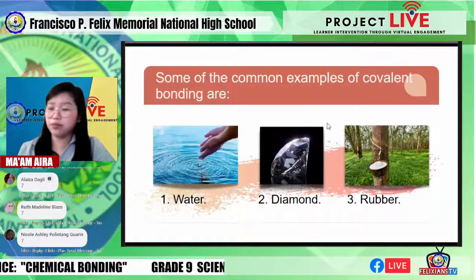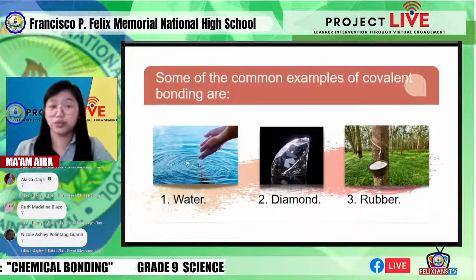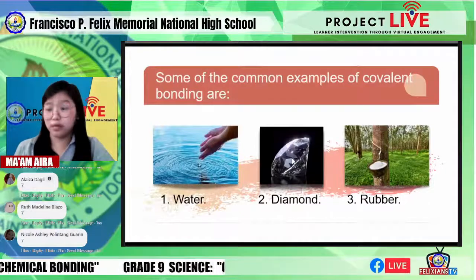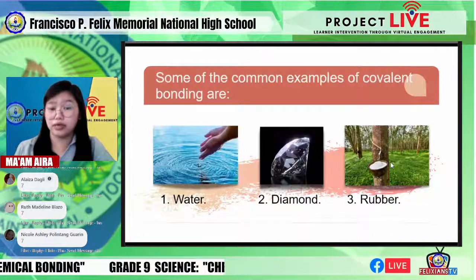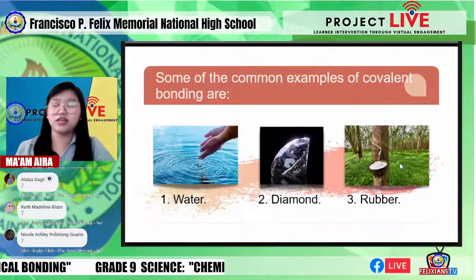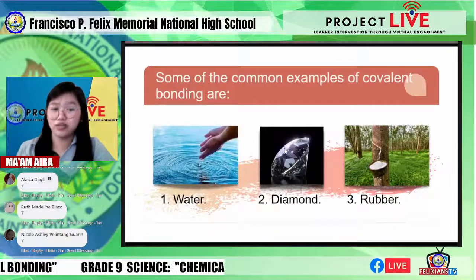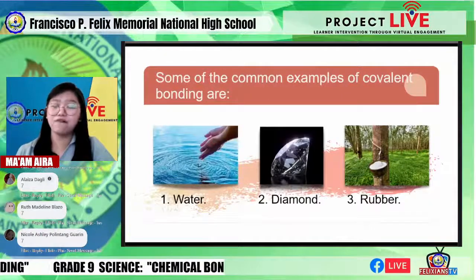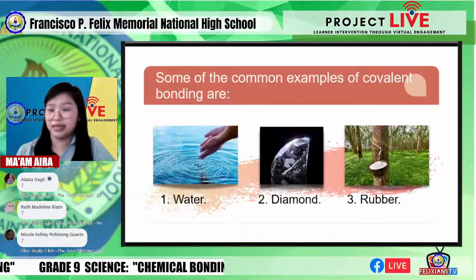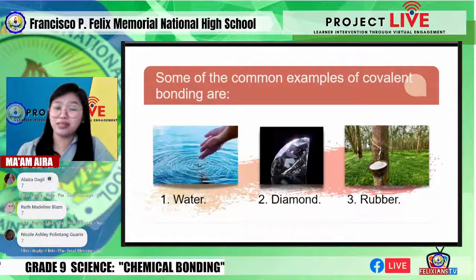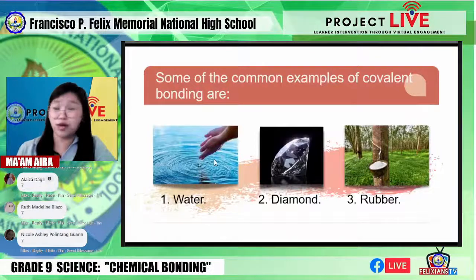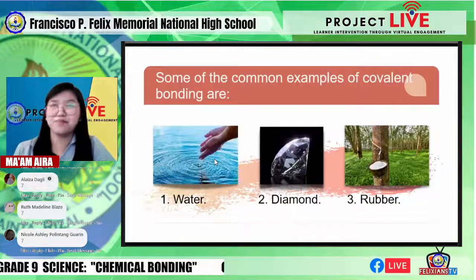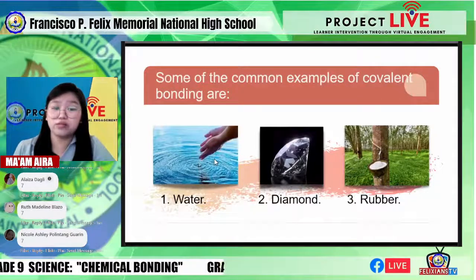So nakakabuo tayo ng water or H2O. We have diamond and rubber. Okay, these are some of the practical applications or uses ng mga elements after undergoing covalent bonding. So, nagagamit naman natin talaga yung iba dyan, especially water. We can't live without water.